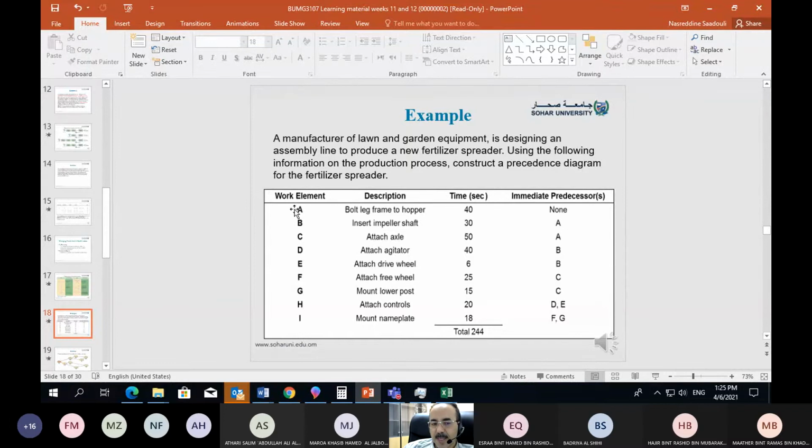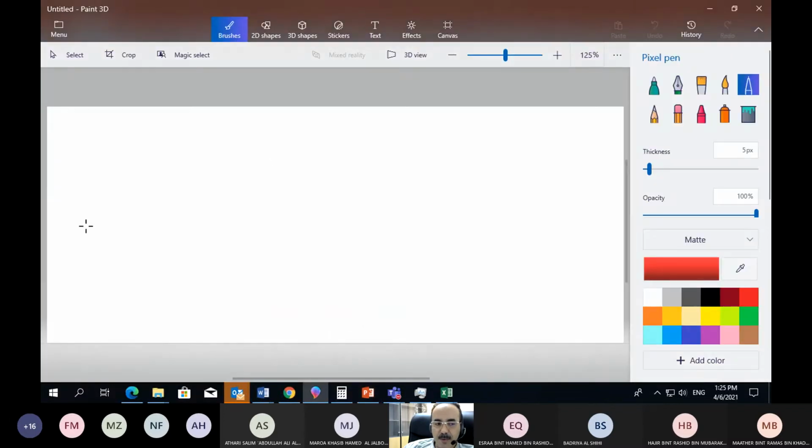So in this case, it says A has no predecessors. Therefore, I will just have A represented by a node, and there's nothing that comes before it.